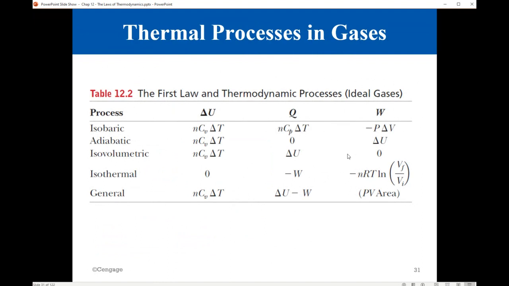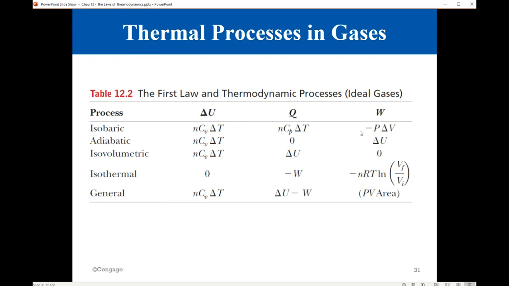This is a summary. It helps us to see how delta U, Q, and W are related for these various processes. For isobaric, this is how we calculate delta U. And the Q, we calculate it using the molar heat capacity at constant pressure, because the pressure now is constant for isobaric.